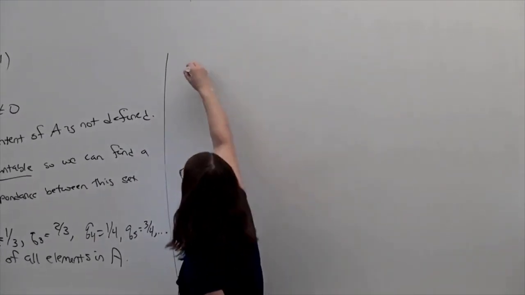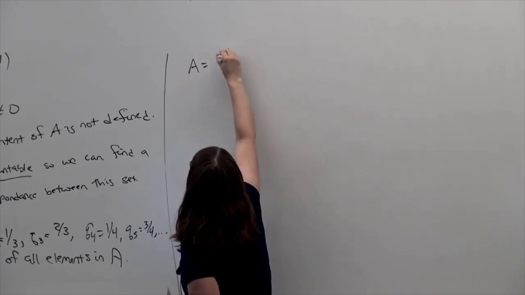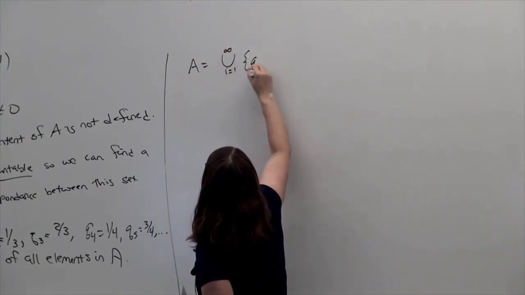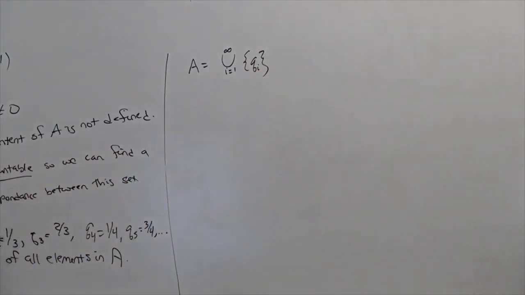Another way to say this is A is simply the union of all of these little singletons. Now I want to try to define the outer measure somehow. So that means I need to start covering this set with a lot of intervals.